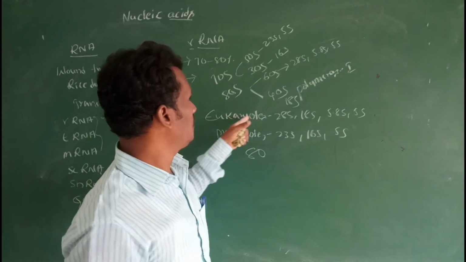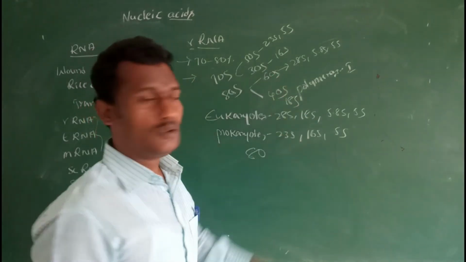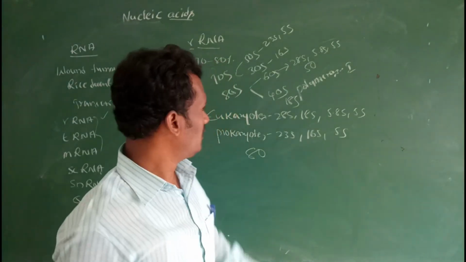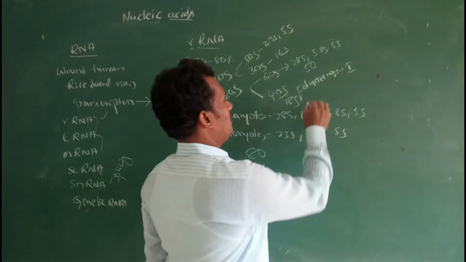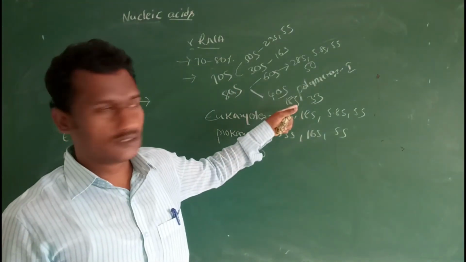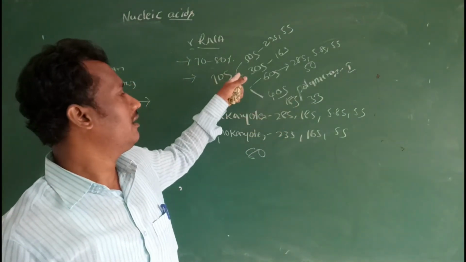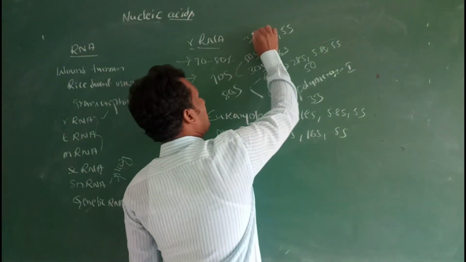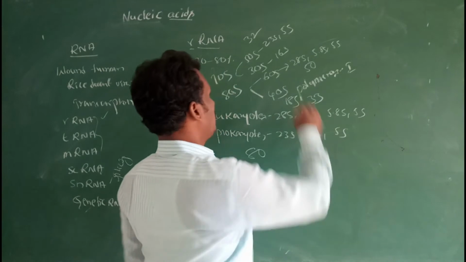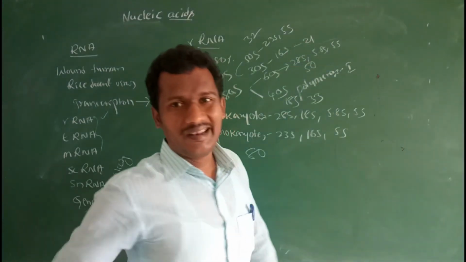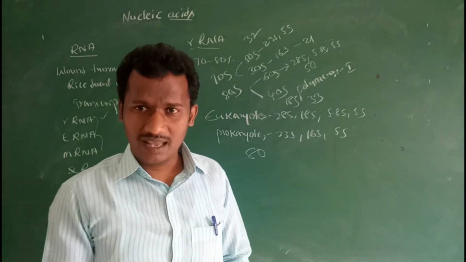For example, in eukaryotes, in the larger subunit approximately 50 different types of proteins are present. In the smaller subunit, 33 different types of proteins are present. In prokaryotes, in 50S approximately 32 different types of proteins, and in 30S, 21 different types of proteins are present.